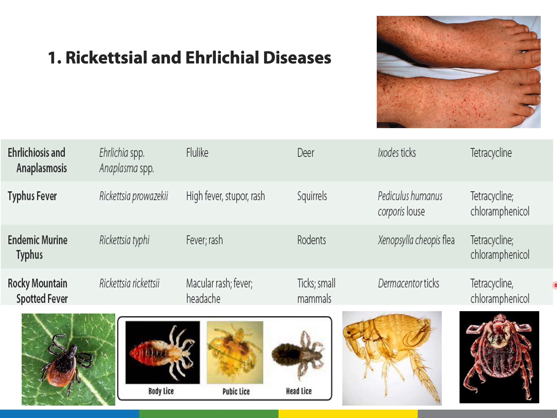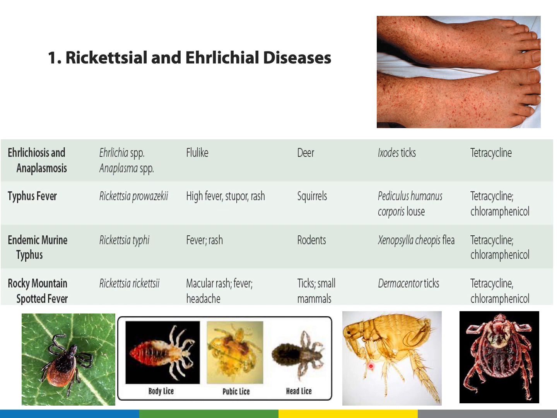Usually, a stupor and a rash of small red spots caused by subcutaneous hemorrhaging are characteristics of this type of infection. Tetracycline and chloramphenicol are usually effective against typhus fever, but eliminating conditions in which the disease flourishes is more important. Endemic murine typhus is transmitted by a rat flea or Xenopsylla.